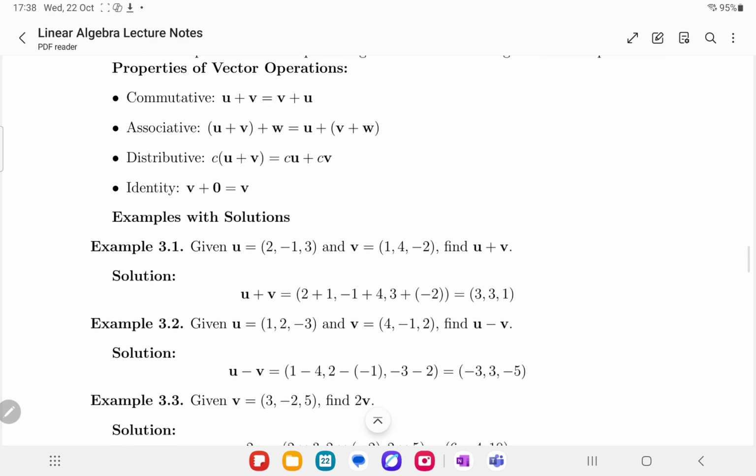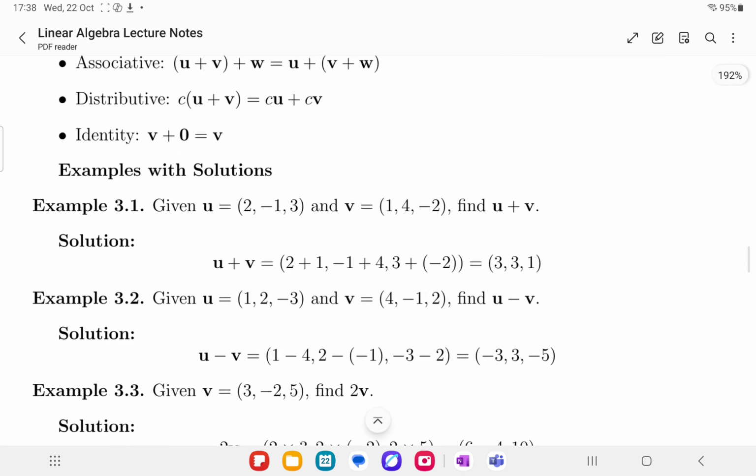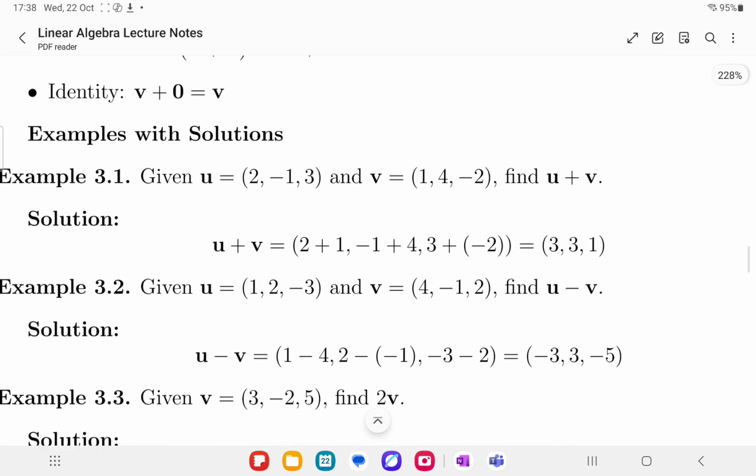Example with solution. Suppose you have been given two vectors u and v: 2, -1, 3 and 1, 4, -2. If you would like to add u with v, what is happening? 2 plus 1, -1 plus 4, 3 plus -2.